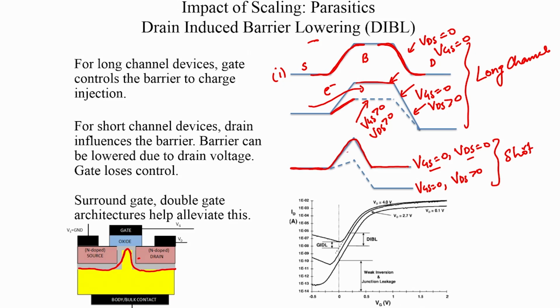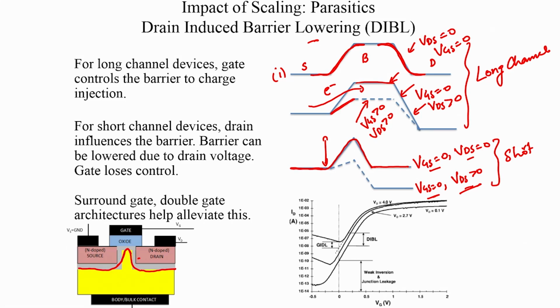But since these two depletion regions are so strongly coupled because of the short channel, you see that when VDS is greater than 0, the VDS field itself influences this barrier height, and this barrier height is lowered because of VDS without VGS being applied, and that is a problem because now we are taking control away from the gate.